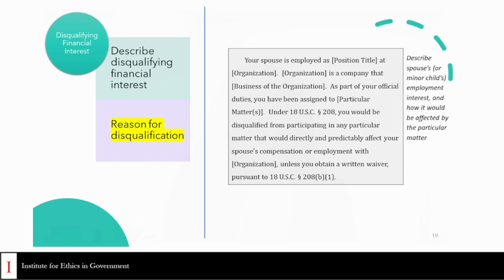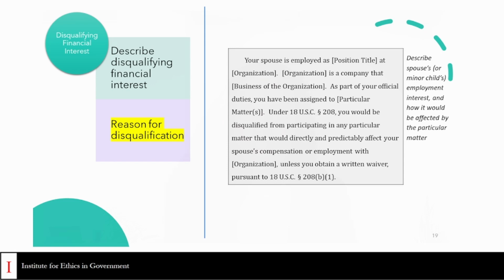This could include, for example, compensation, continued employment, and possibly investment interests. You should address not only the type of employment-related interest that could be affected by the government matter, for example, a type of compensation like a performance bonus, but how the particular matter, a government contract with the company, for example, could affect the interest.